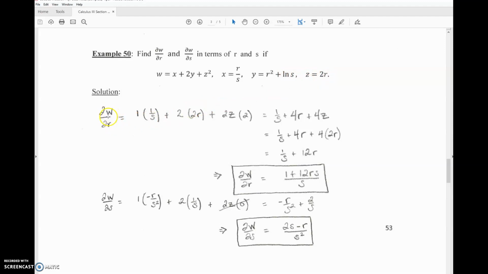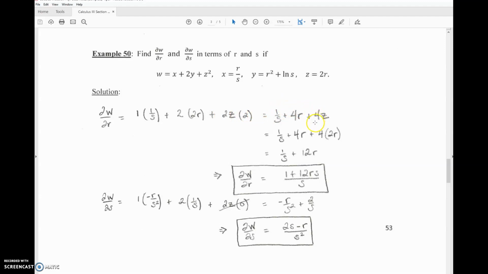So partial of w with respect to r equals partial of w with respect to x, which is 1, times partial of x with respect to r, which is 1 over s, plus partial of w with respect to y, which is 2, times partial of y with respect to r, which is 2r, plus partial of w with respect to z, which is 2z, times partial z with respect to r, which is 2. So I get 1 over s plus 4r plus 4z.